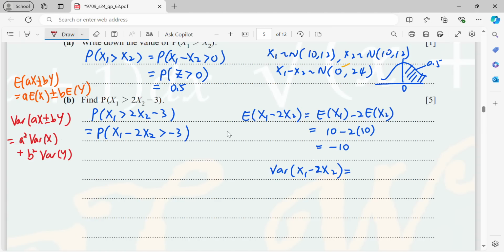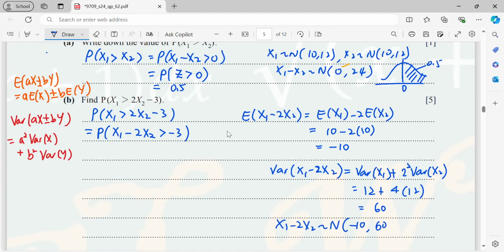Always plus, even though the operation is minus, so always plus. That means this is variance of X1 plus 2 squared variance of X2. So it will be 12 plus 4 times 12. So you end up with 5 times 12, that is 60. So now my distribution X1 minus 2X2 is normally distributed with mean minus 10, variance 60.